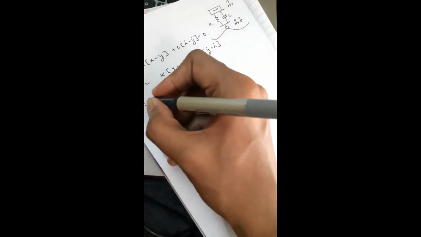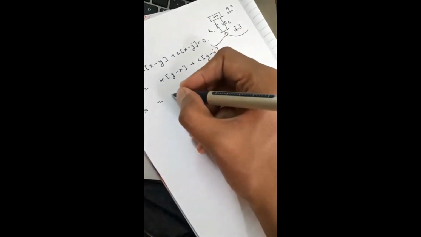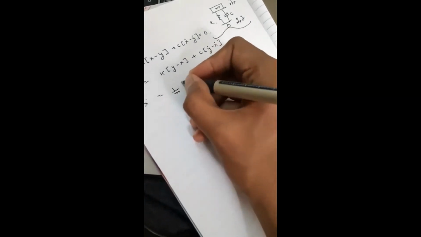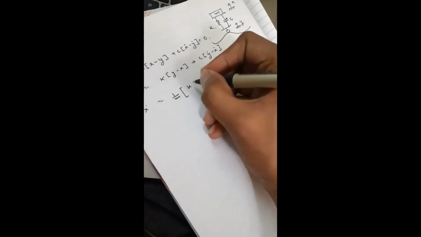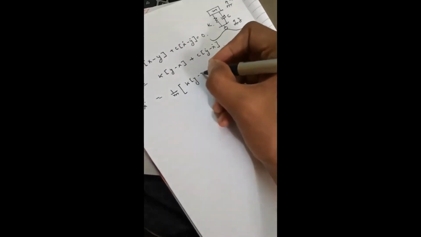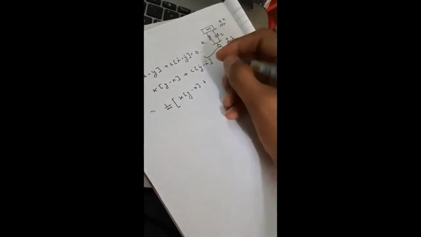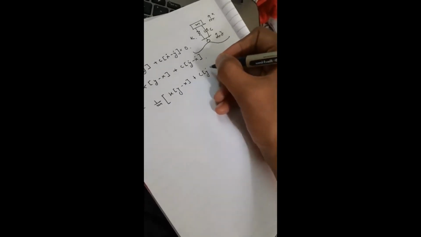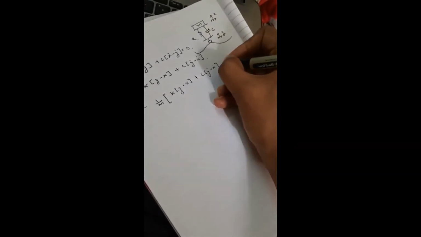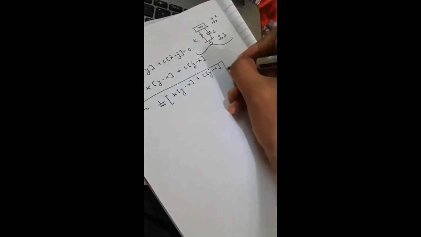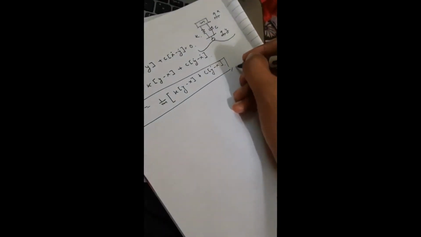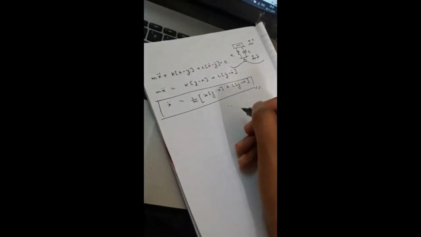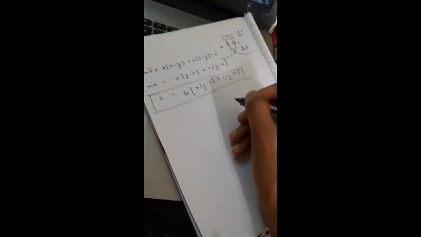Now we shift the sprung mass to the right hand side, so the equation will be x double dot equals 1 by m, in brackets, k into (y minus x) plus c into (y dot minus x dot). Now we are going to use this equation in Simulink, and we will see the further steps.